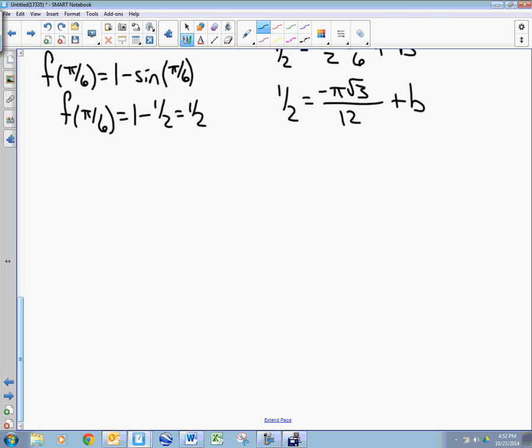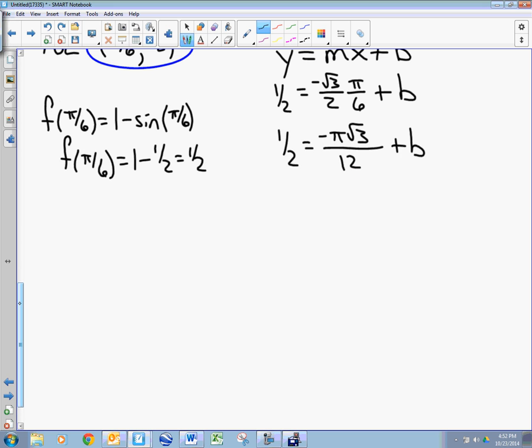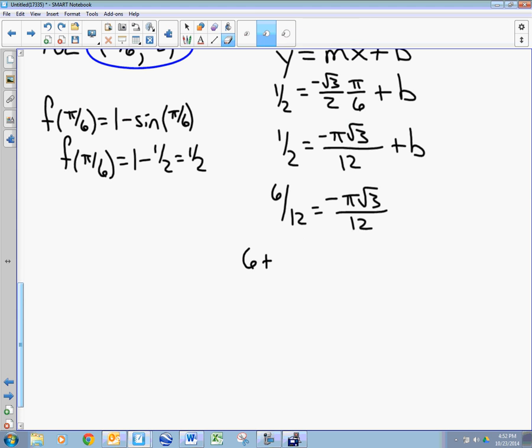As I solve for b, what I need to do is find common denominators, so 6 over 12 is equal to negative pi roots of 3 over 12 plus b. So 6 plus pi roots of 3 over 12 is equal to b. Oh, got that b over there, sorry.